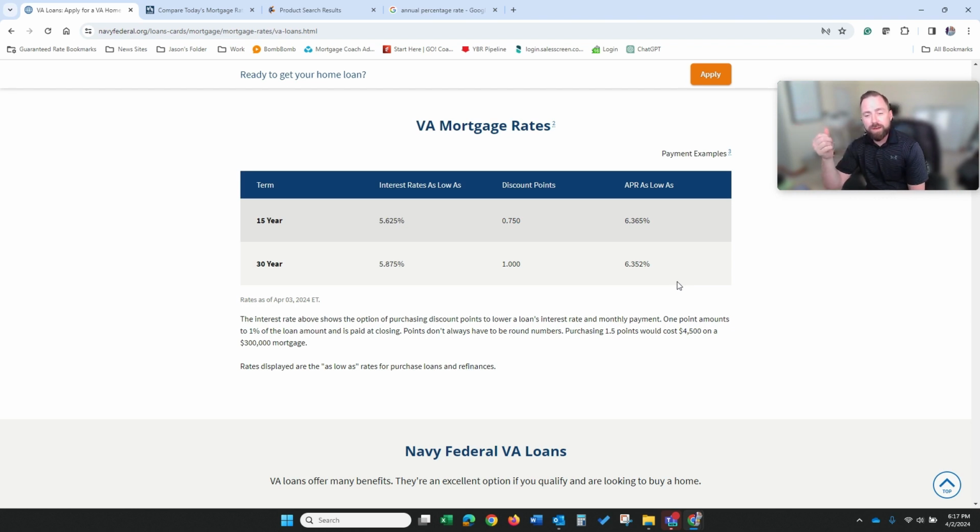But then they also have underwriting fees, processing fees, basically all lender fees. We call them different things, but they're basically the same thing. In this case, the reason I scrolled down to the bottom is that Navy Fed charges another point to get this rate.